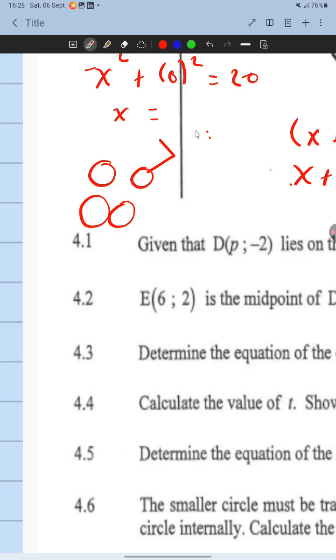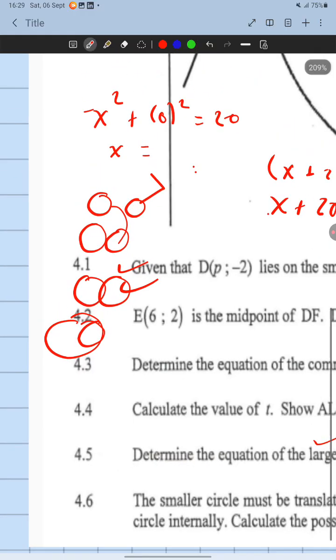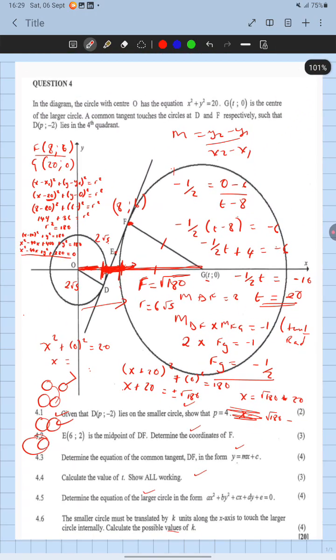That's why I said the distance you shift must be greater than the distance between them. Once it is greater, they will start to touch internally. So sometimes it can go up to something like this, where they're touching internally. Get that? Yes. Another question? You can find another question.